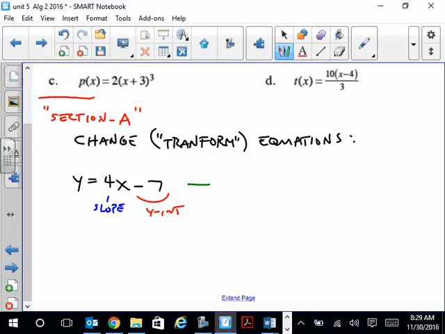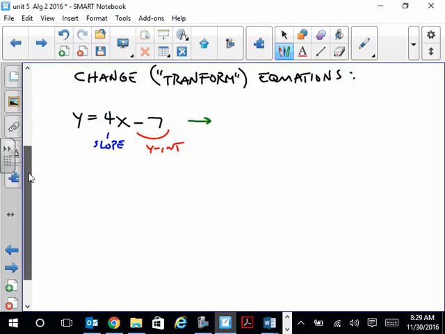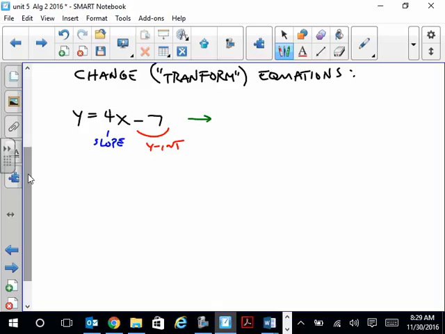And y-intercept is, I said, negative 8. Write down what you think that's going to look like. I'm going to come around and check it off in a moment.